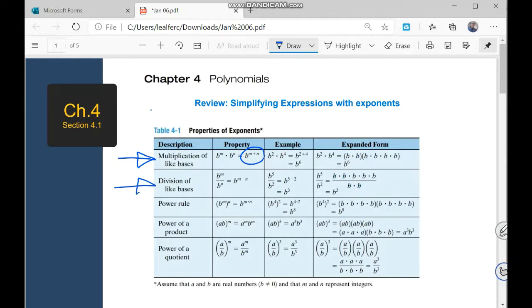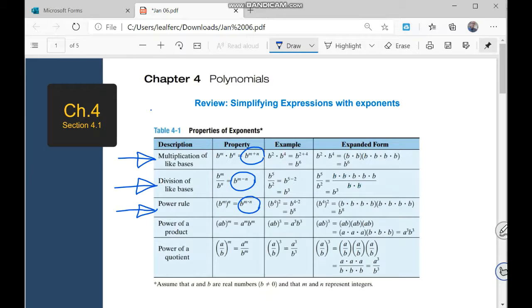Next property, division of like bases. And this one we will subtract. We're going to subtract exponents. Next property, power rule. And this property here, check this out. To find out the result, we need to multiply the exponents.